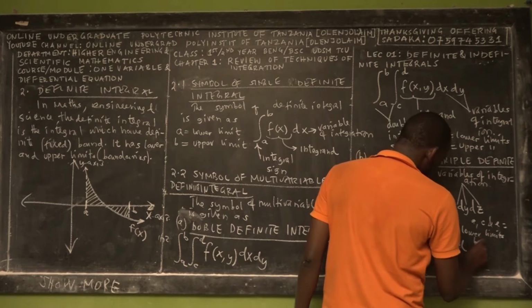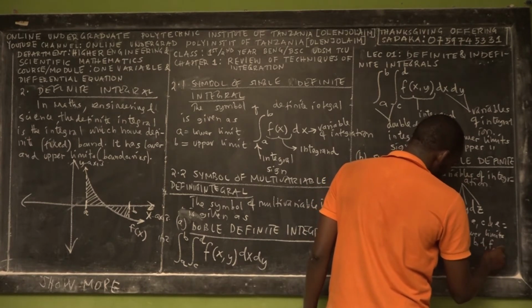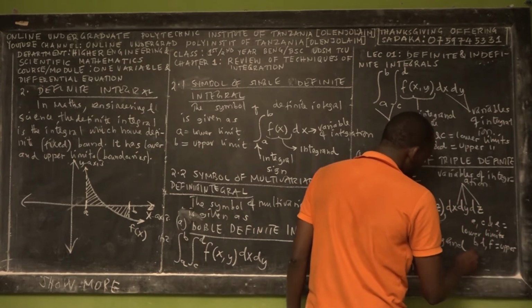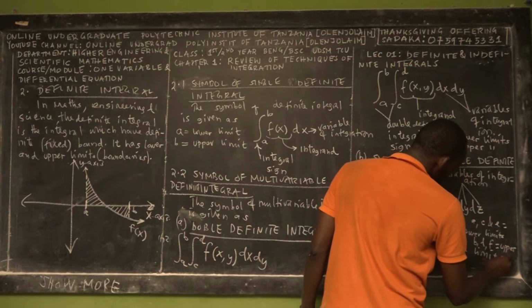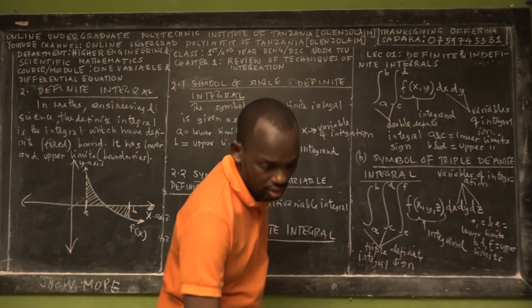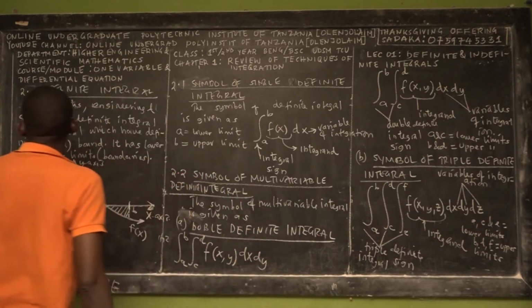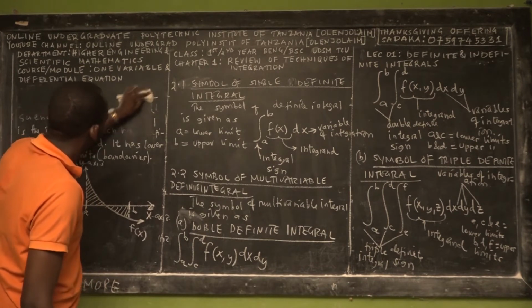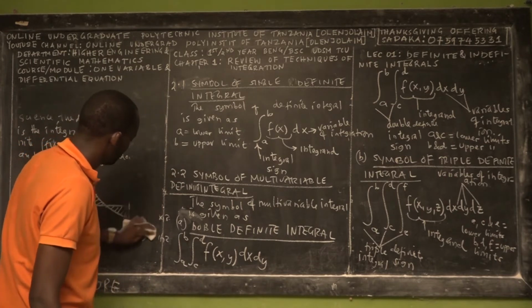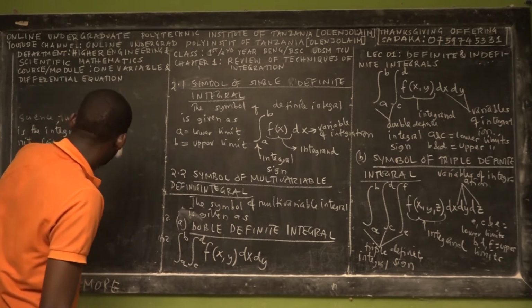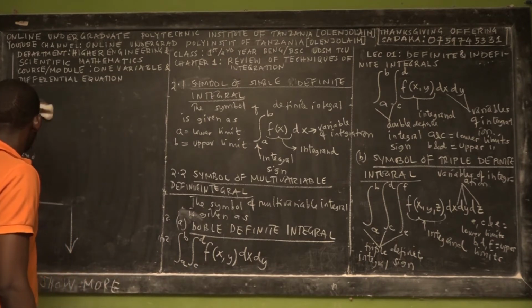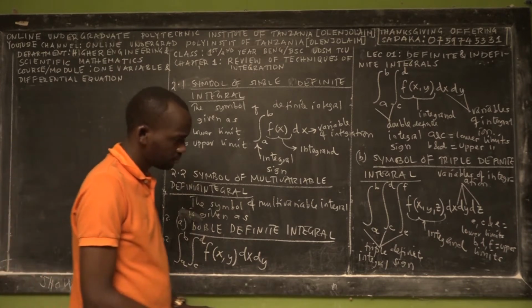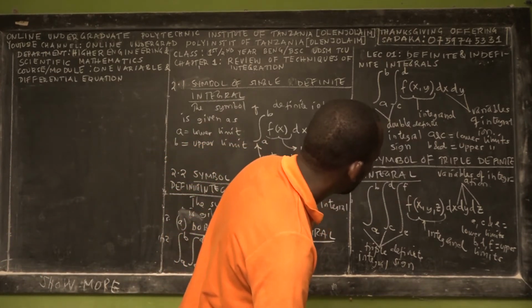Then we have B, D, F. These are the upper limits.